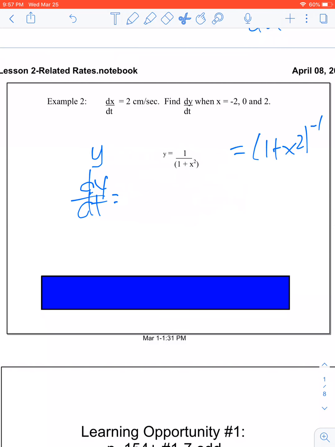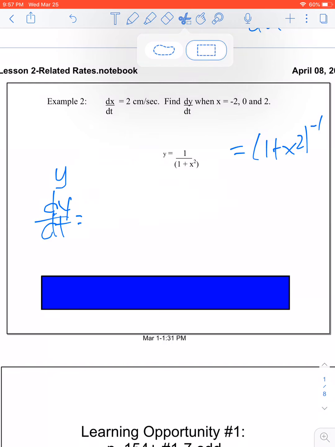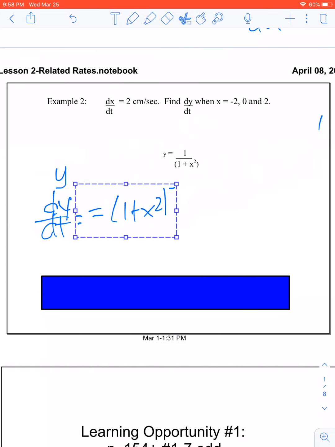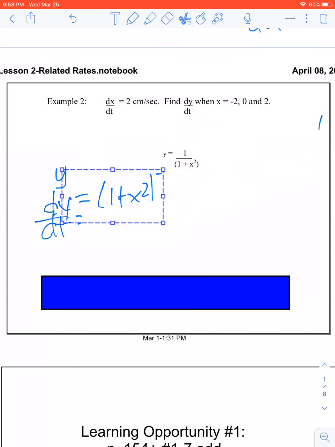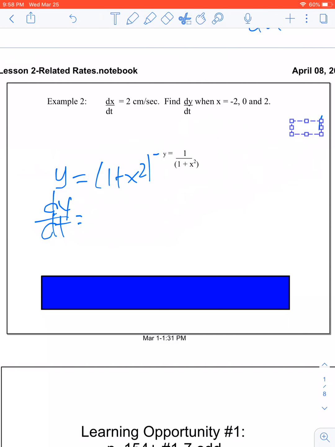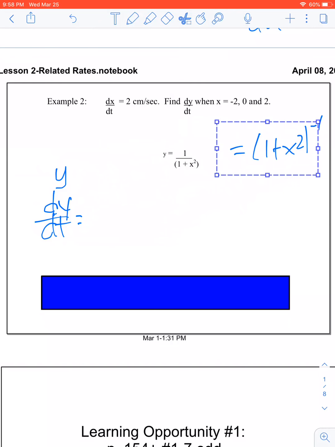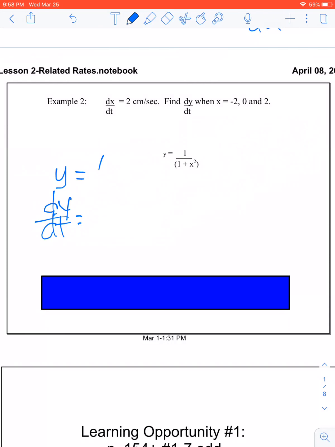I think I'm going to run out of space. Let's get rid of that. It's probably just easier if I just erase. Let me just rewrite it. Sorry, guys. Note to self, maybe wait until the morning to do this.